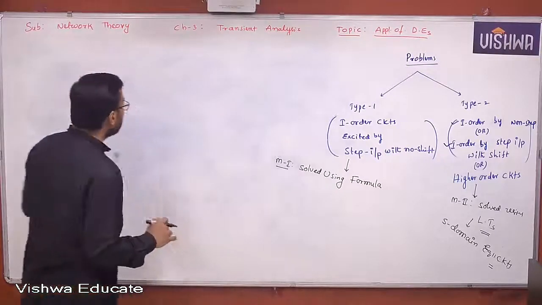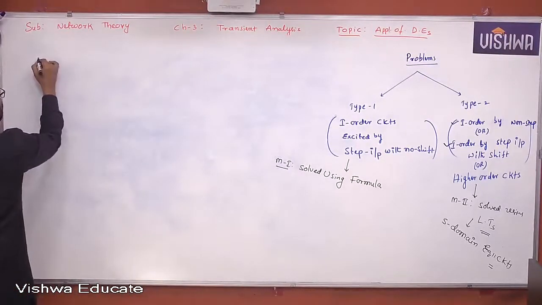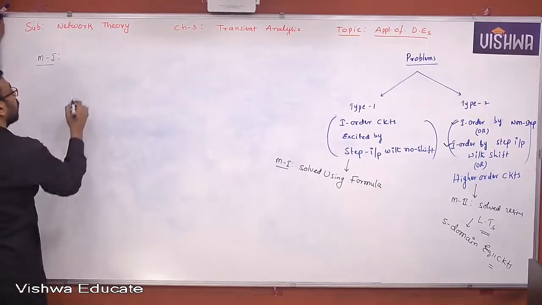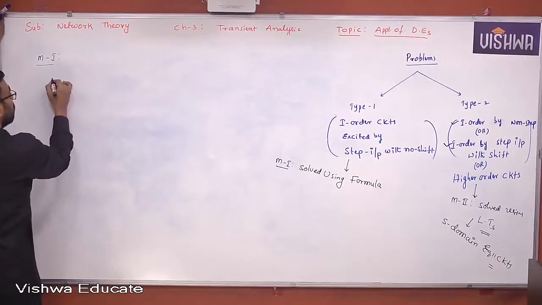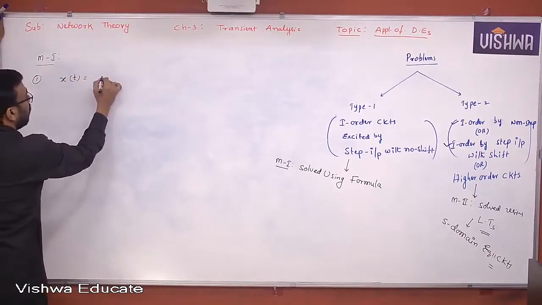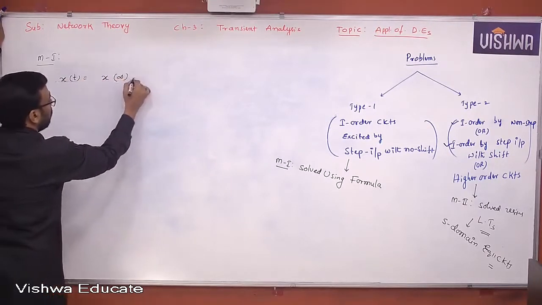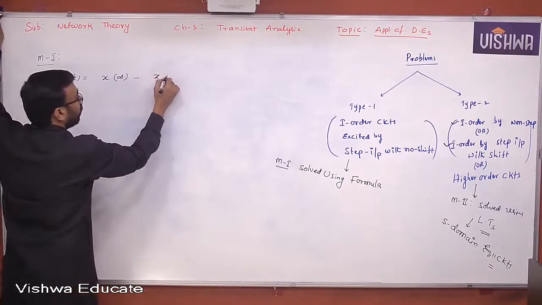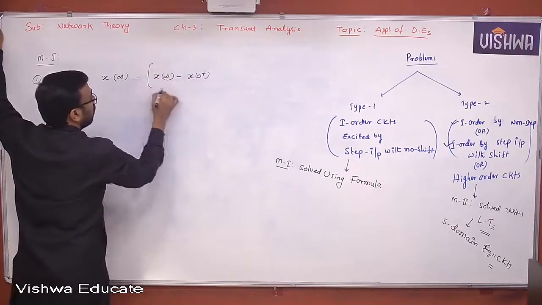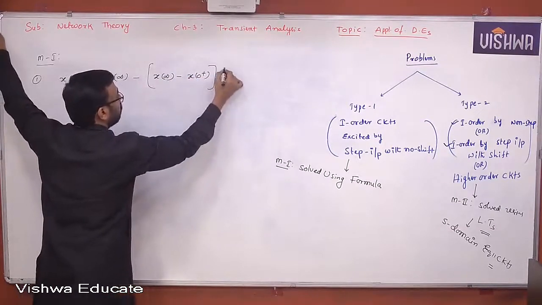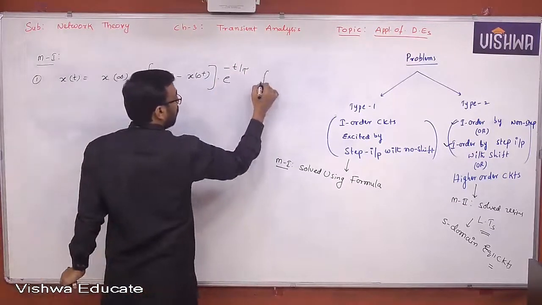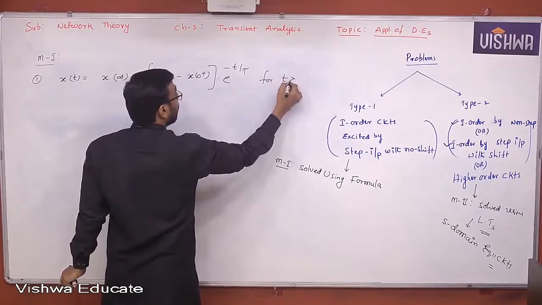Okay. So now what is that method 1 formula? The formula can be used here: x of t is equal to x of infinity plus [x of 0 plus minus x of infinity] into e power minus t by tau, for t greater than or equal to 0.